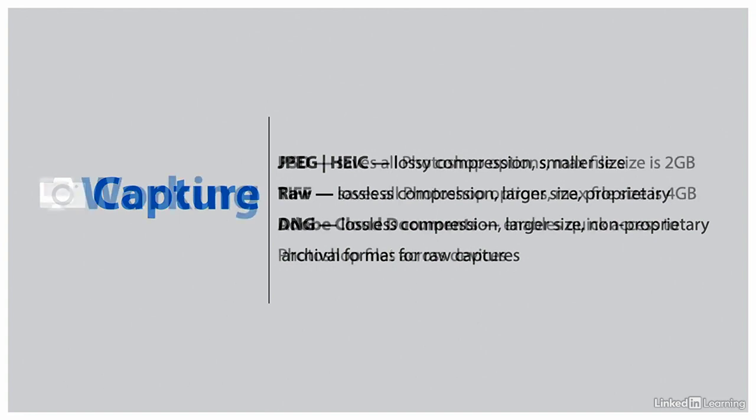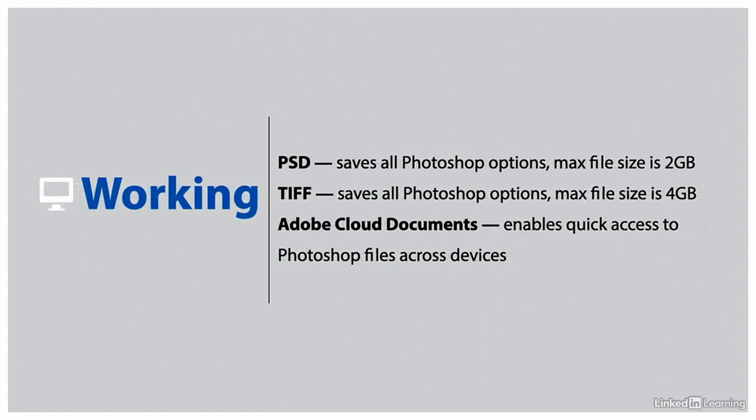All right, the next group of file formats are used to save what I would refer to as working or master files. And they're used when saving our multi-layered documents from Photoshop. They include PSD, TIFF, and Adobe Cloud Documents. Both PSD and TIFF files save all of Photoshop's features, such as layers and masks and type and shape layers.